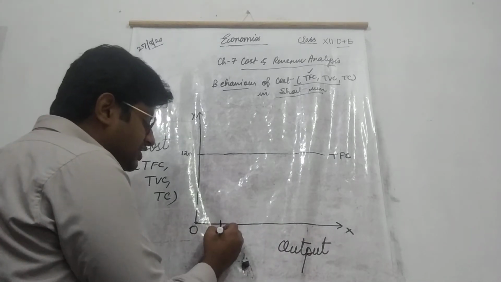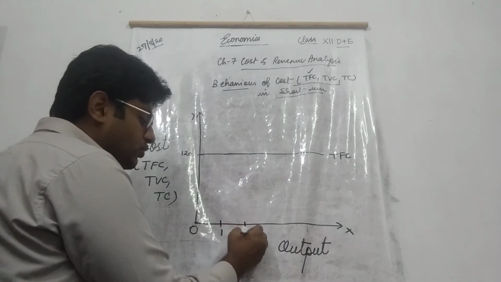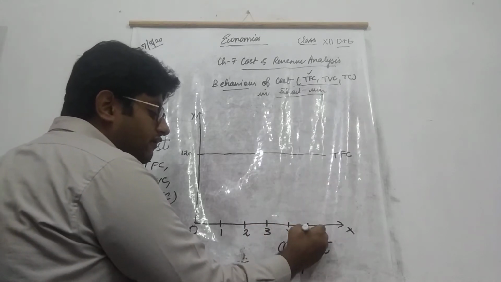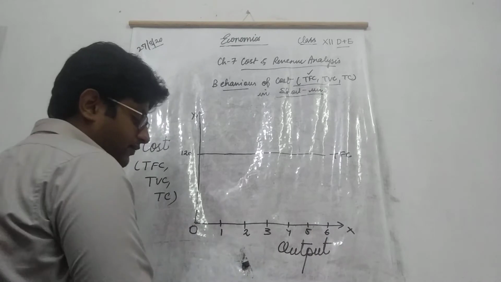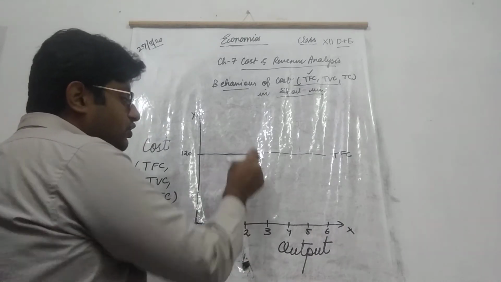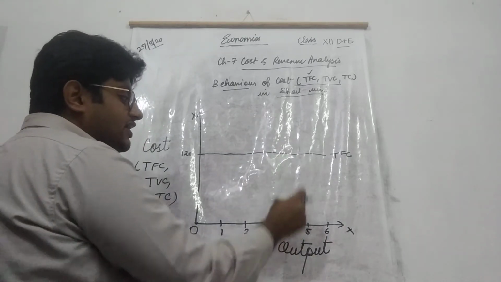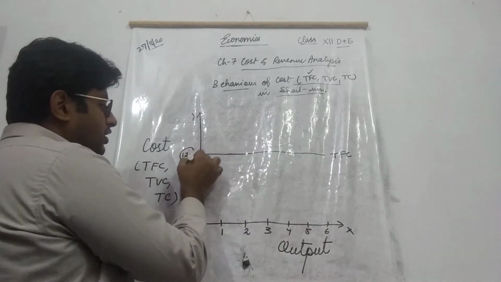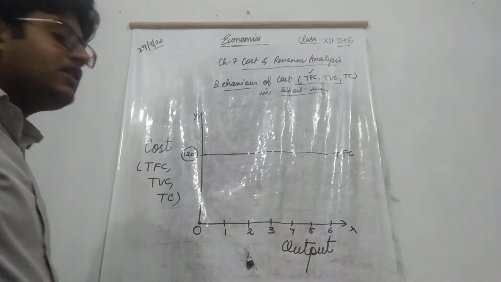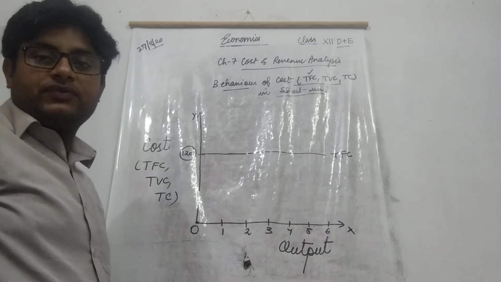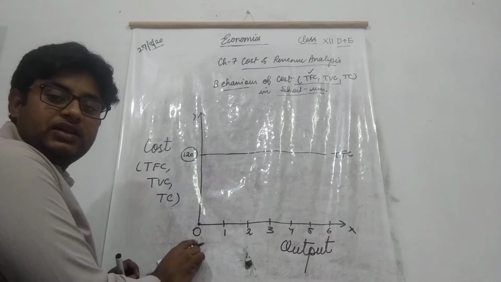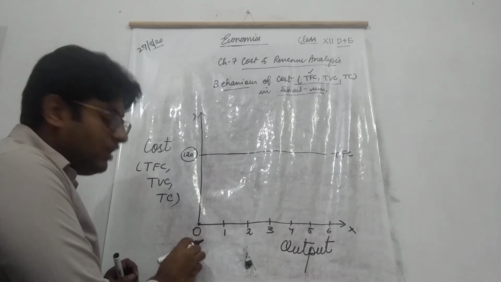Whether the output is 1 unit, 2 units, 3, 4, 5 or 6 units, the total fixed cost will remain constant at all levels of output, which is equal to 120.